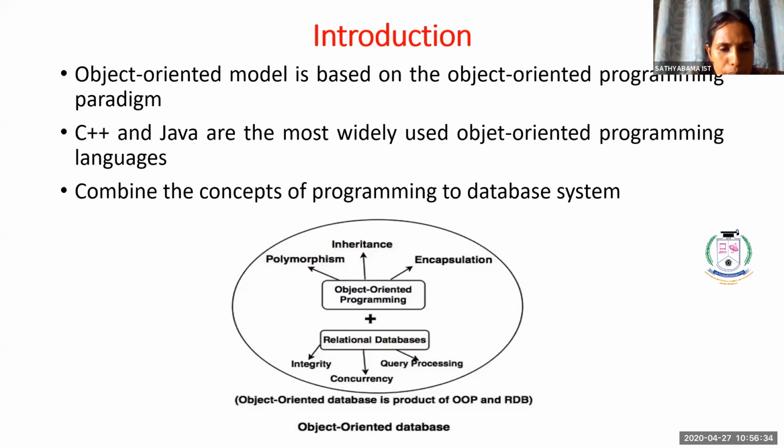We will recollect one or two points about them. All these are the major concepts played in object-oriented programming. Polymorphism means the same function or the same method can be used for different purposes. The values will be different, but the same function can be used for different purposes.